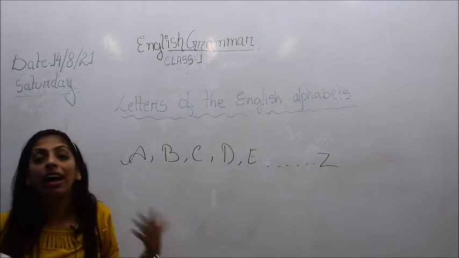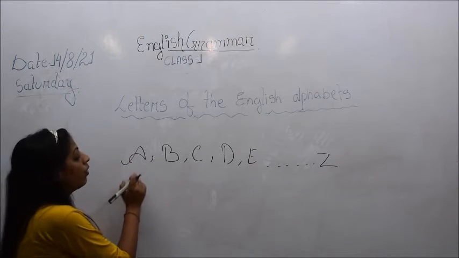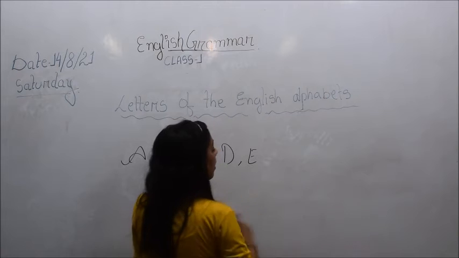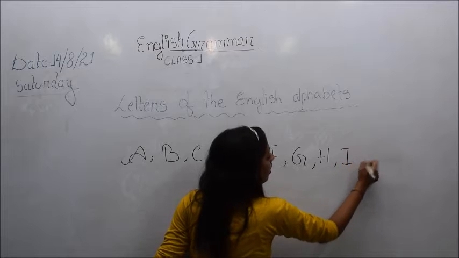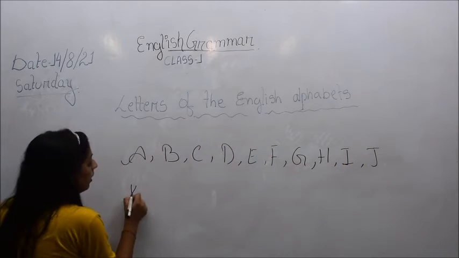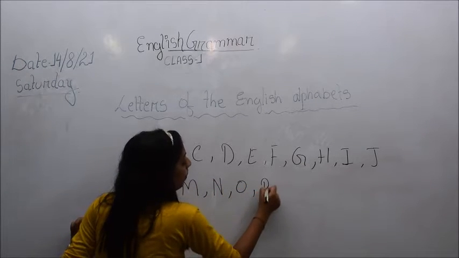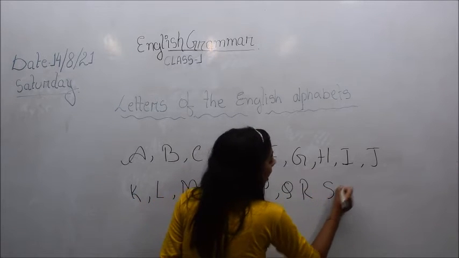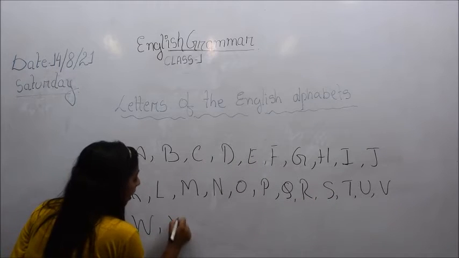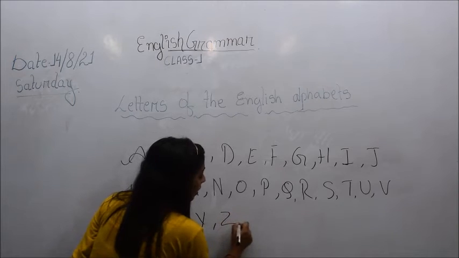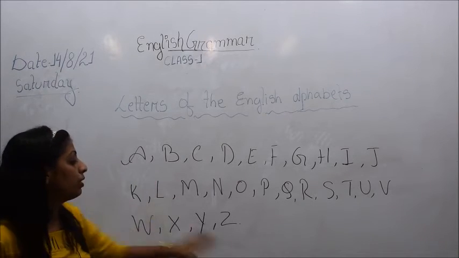Now what is the alphabet? Alphabets are in the same way, from A, B, C, D, E, F, G, H, I, J, K, L, M, N, O, P, Q, R, S, T, U, V, W, X, Y, Z. I hope all of you know this, A to Z, right?